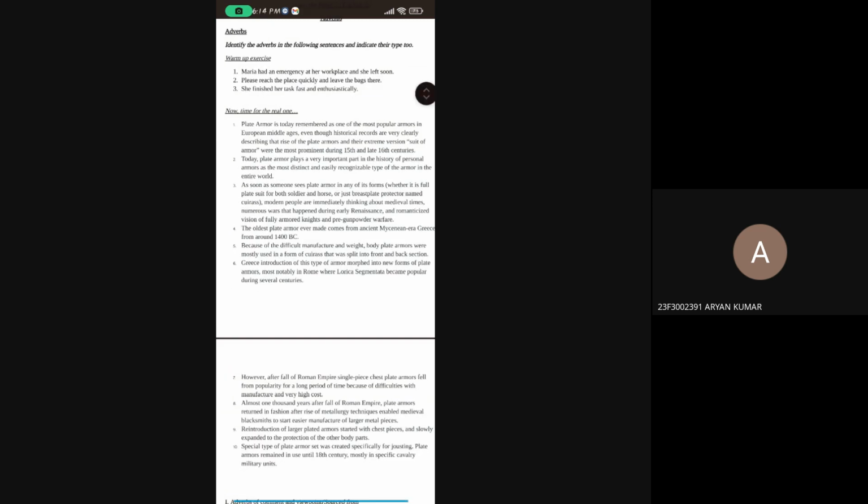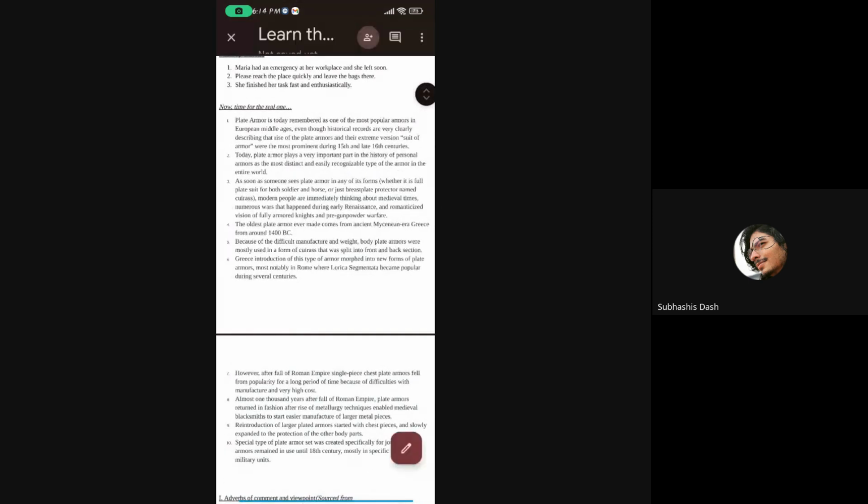All right. Now, the second line, is there anything that you see here? European Middle Ages, even though historical records are very clearly. Very clearly, right? So both very and clearly are adverbs. Very is an adverb of degree, and clearly would be manner, right?